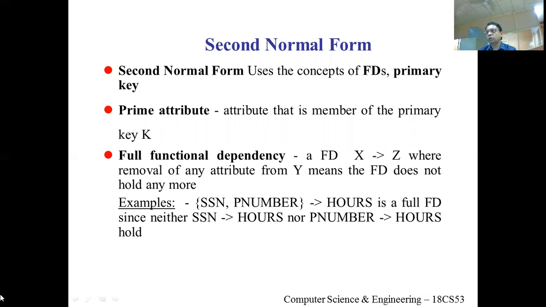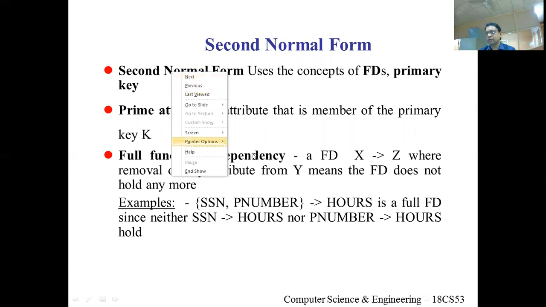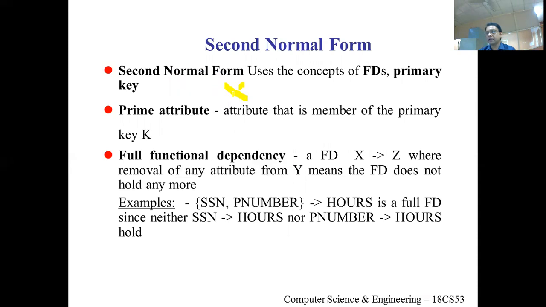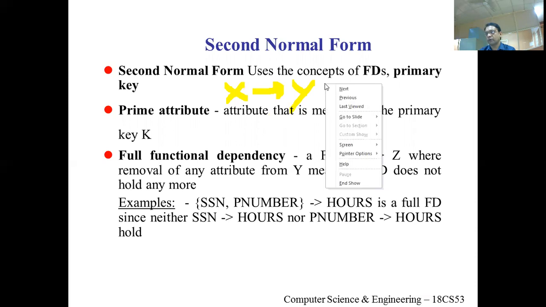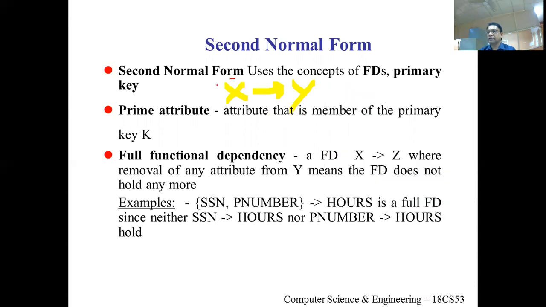So we all know the definition of functional dependency. It is denoted by X determines Y, where X is called the determinant and Y is called the dependent. X functionally determines Y. If X is a primary key, then this primary key attribute can determine the rest of the attributes.